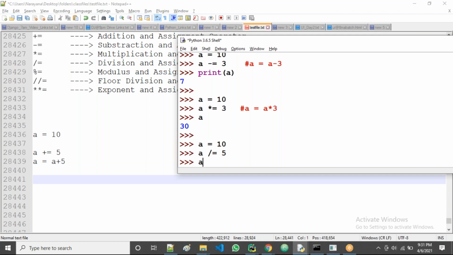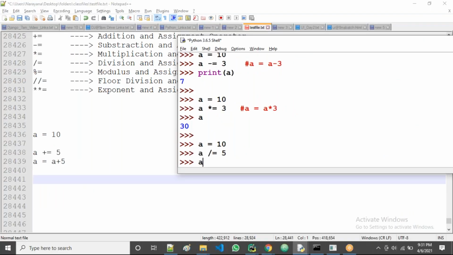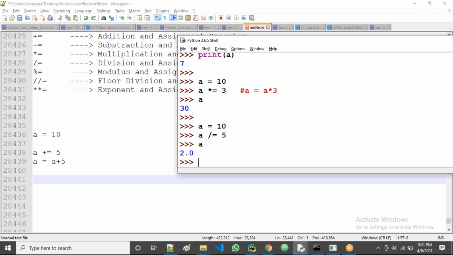All of you observe, the value is 2.0, not 2. Maybe both are the same, but here we must make the difference between division and floor division. What is the output here? 2.0. Okay, fine, very good.